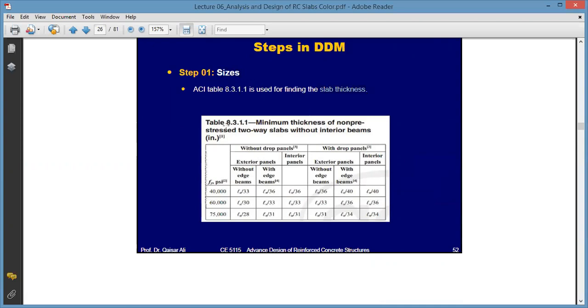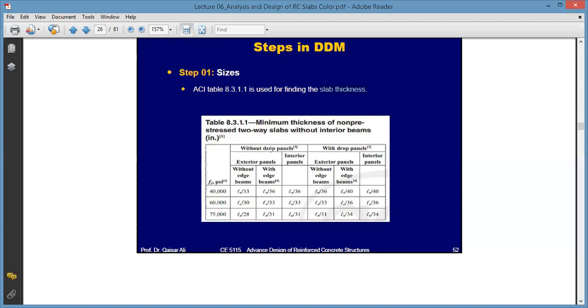And you can take the slab thickness from this table. Now, in plates, there are two types of systems: one without drop panel and second with drop panel. Later on, we will discuss the drop panel. Drop panel is the thickened part of the slab around the column.